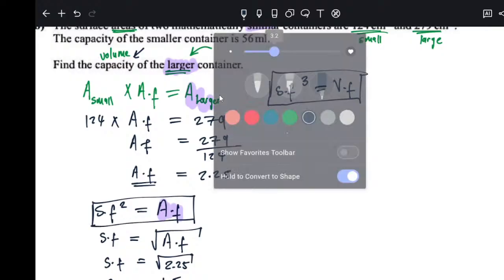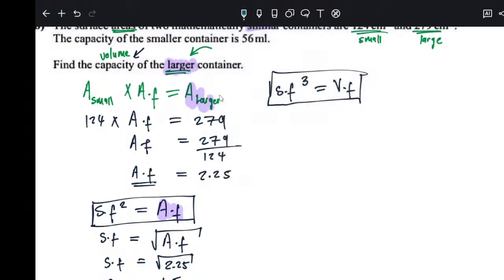And you should know how to use them. Here we are using them now to come from area factor to volume factor. You now say scale factor cubed is volume factor. So you now say 1.5 cubed gives you your volume factor. What is 1.5 cubed? Somebody? It's 3.375, right? This gives you the volume factor.